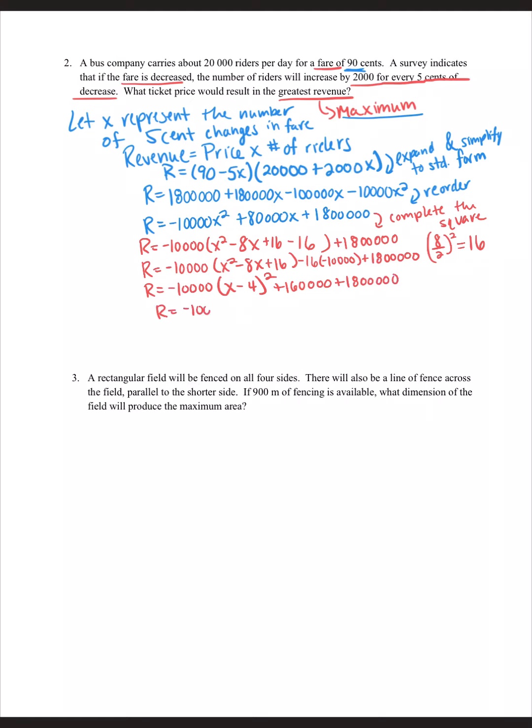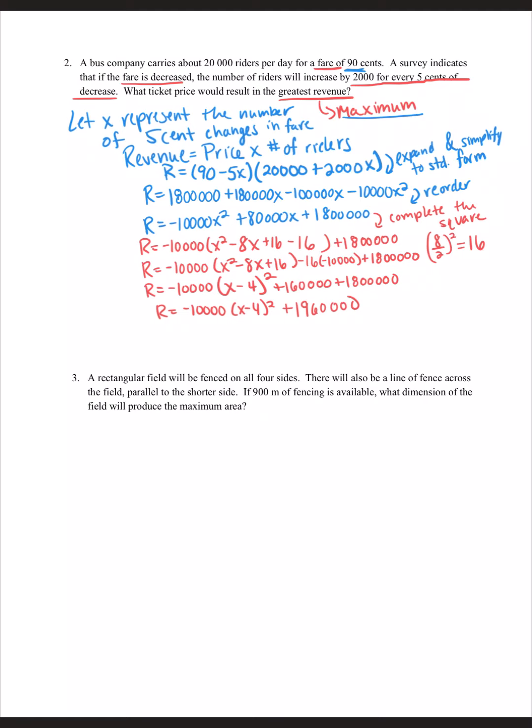So we'll finally just combine those constants at the end. So we'll have plus 1,960,000. Okay, so that gives us a lot of information.